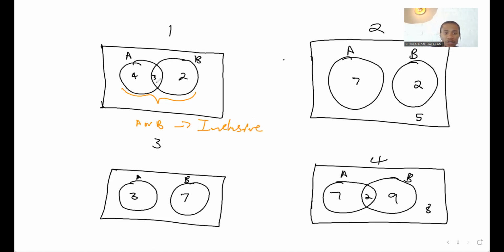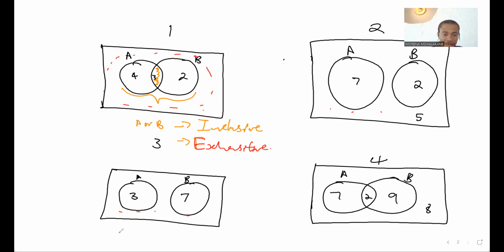Yes, they're inclusive because there's an intersection there. And they are also exhaustive. Exhaustive means there's nothing outside here, right? If I look at this, they're not exhaustive.